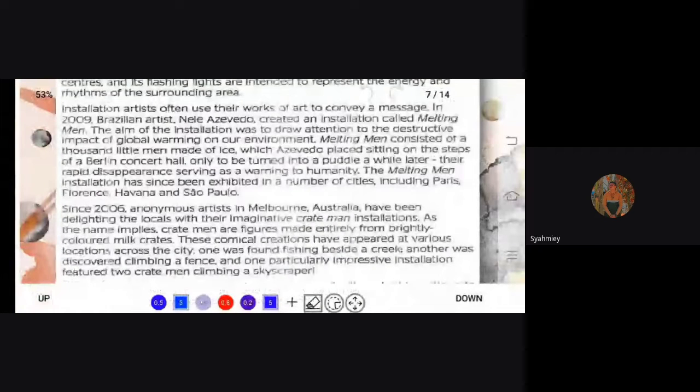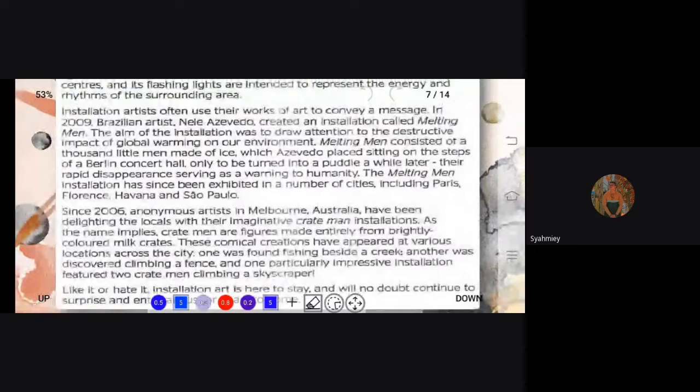Installation artists often use their works to convey a message. In 2009, Brazilian artist Nele Azevedo created an installation called Melting Man. The aim of the installation was to draw attention to the destructive impact of global warming on our environment.